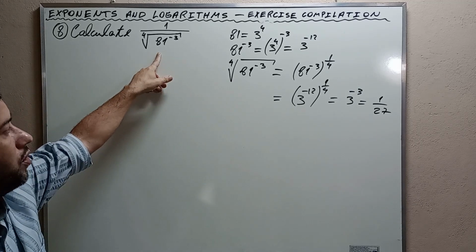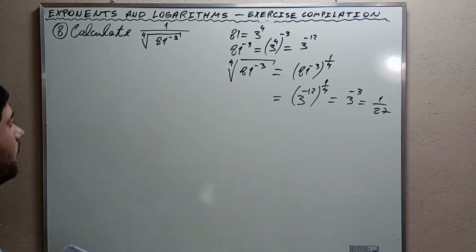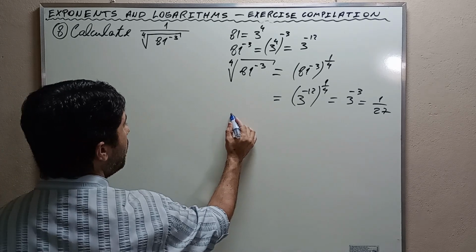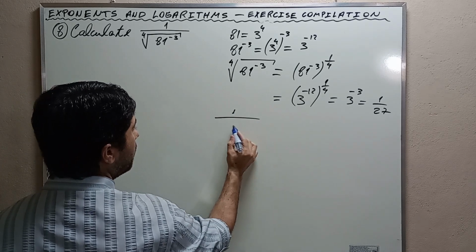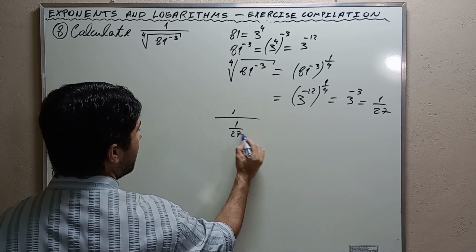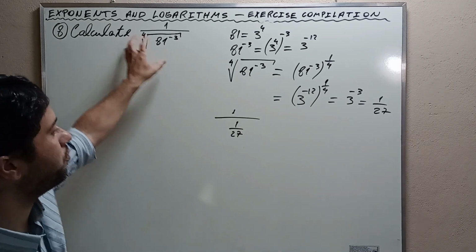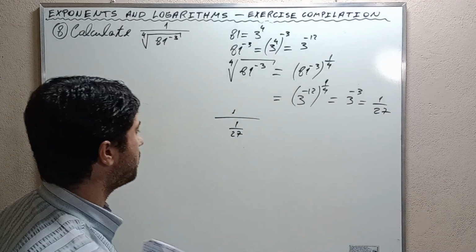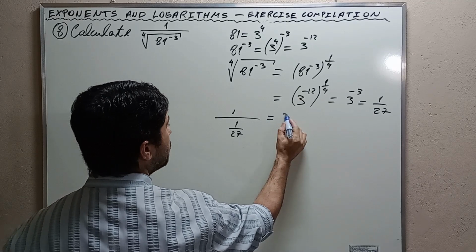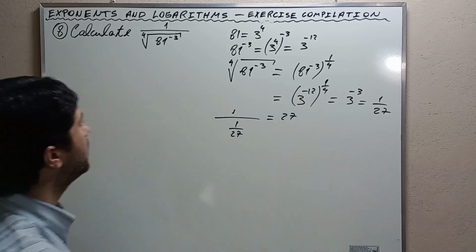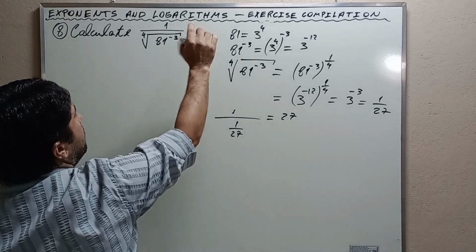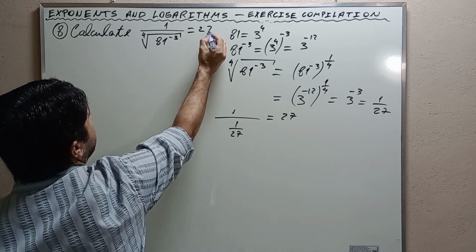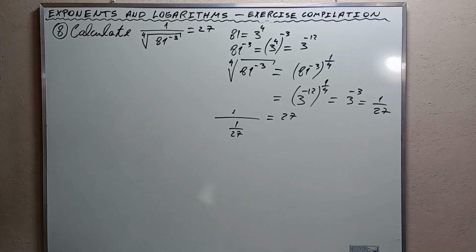It is in the denominator. Consequently, 1 over 27, we substitute this by this, and it equals 27. Okay? And this is all for exercise 8.